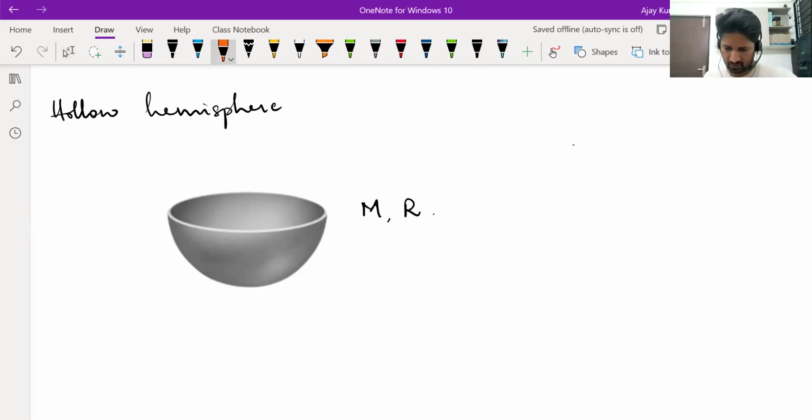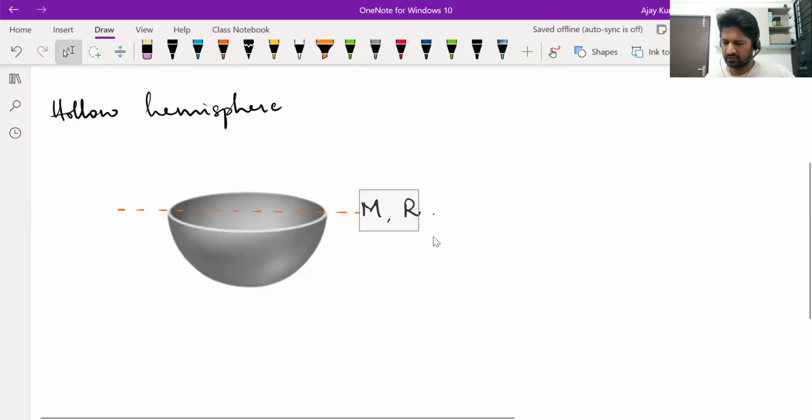So an axis somewhat like this. Think carefully and try to solve this.